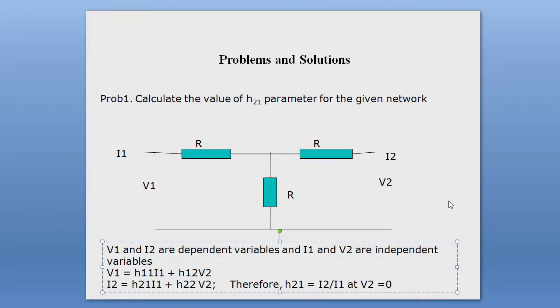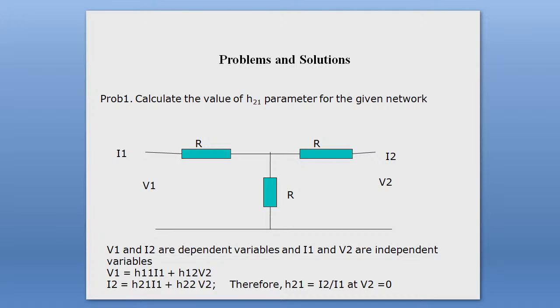We can write it. Everyone look at the network and write the expression of H21 from this network. So therefore we can write H21 equal to I2 by I1 at V2 equal to 0.